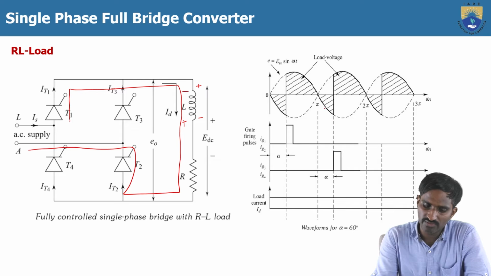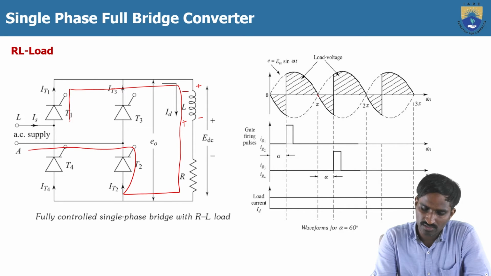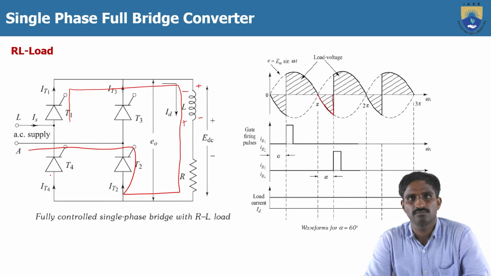So from pi to pi plus alpha you get the reverse biased voltage until the thyristors T3 and T4 are turned on.